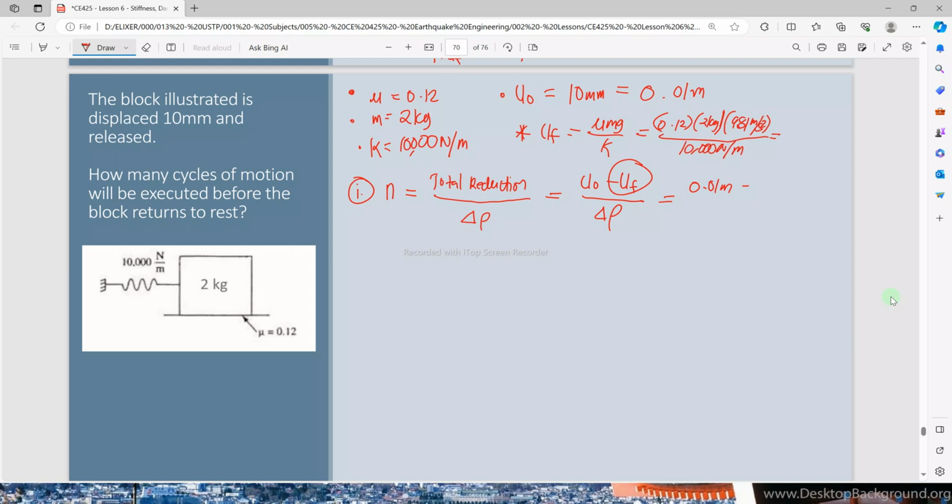Then we have our final position at 0.00235 meters, or 0.235 millimeters. Since we are using millimeters, just change this one here.